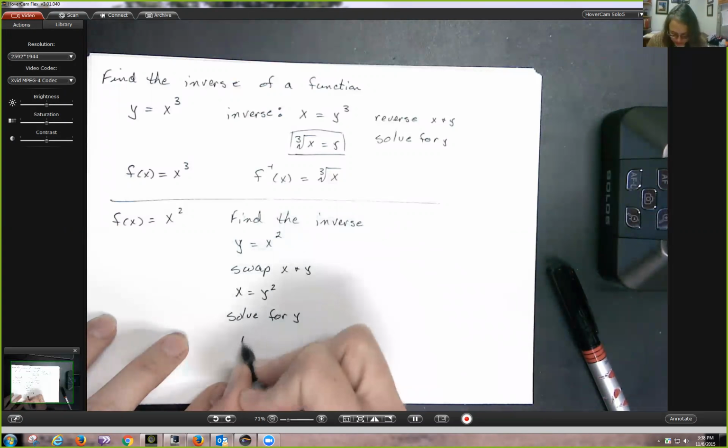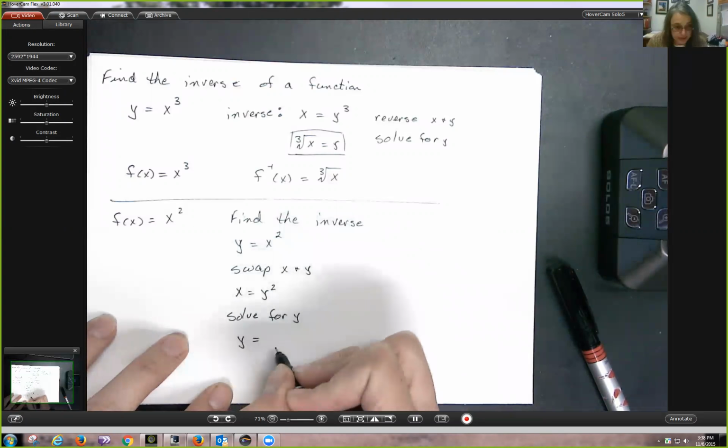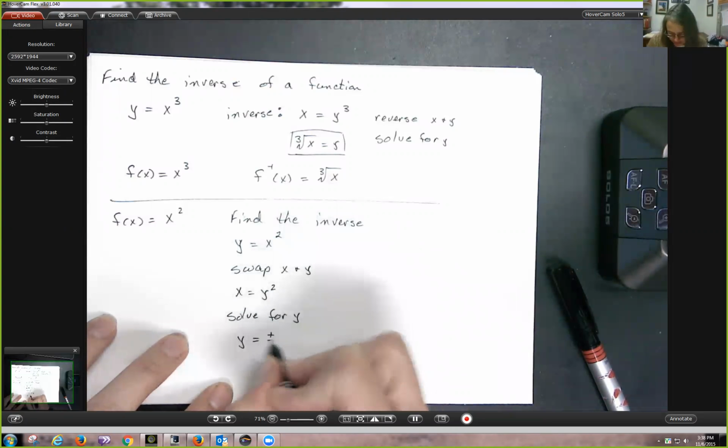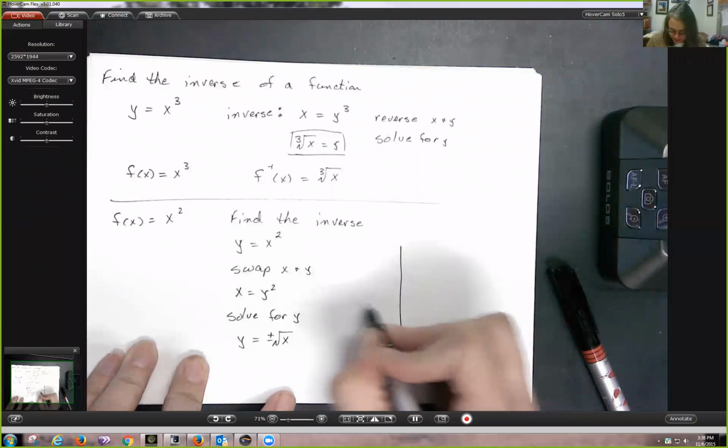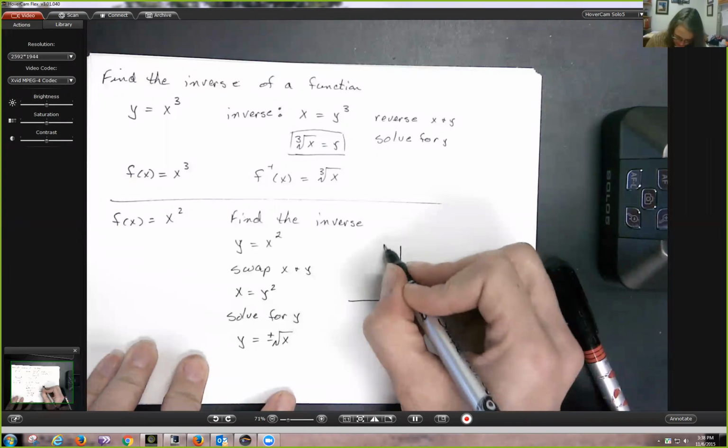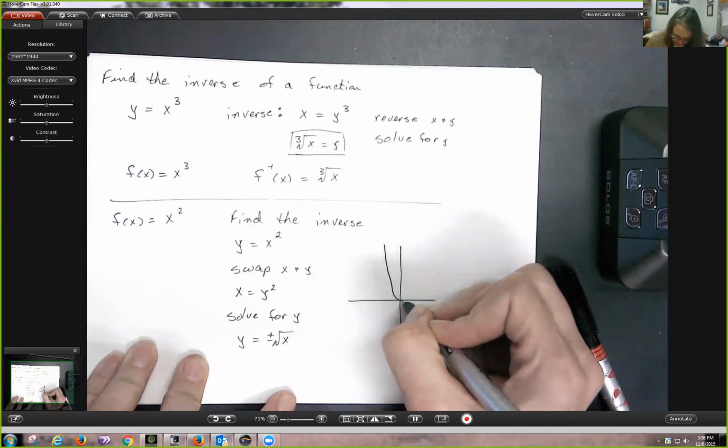And I'm going to remember that if I take the square root of both sides, I have to take the positive and negative square root. So what happens here is my function is this parabola.